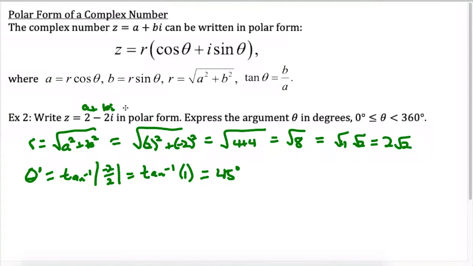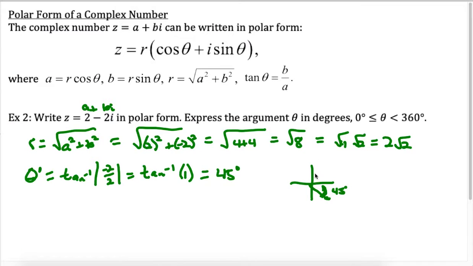Now, this is the reference angle, so we need to think about where this point is on the graph. If I sketch this out, 2 minus 2i is going to be in quadrant 4. That means the angle from the x-axis is the 45-degree angle.